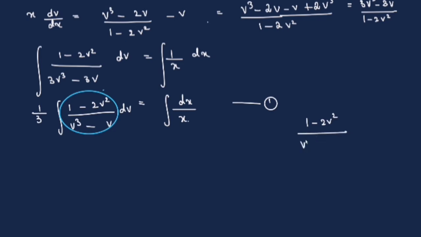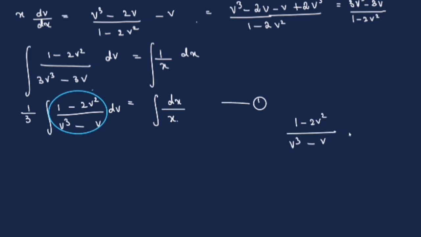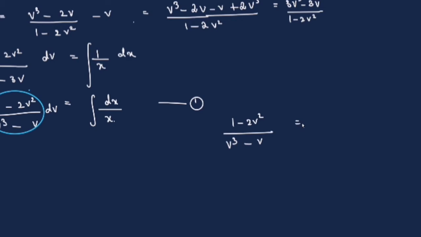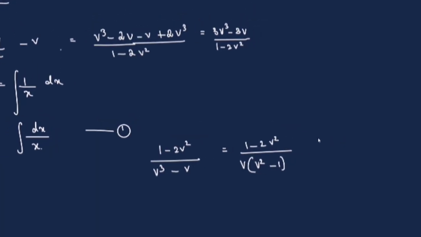We can write this as (1 minus 2v square) divided by v cube minus v. We take out v outside, so v square minus 1. So that is equal to (1 minus 2v square) divided by v into (v minus 1) into (v plus 1).